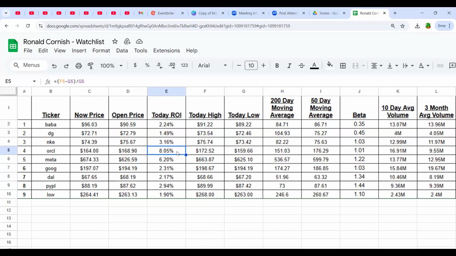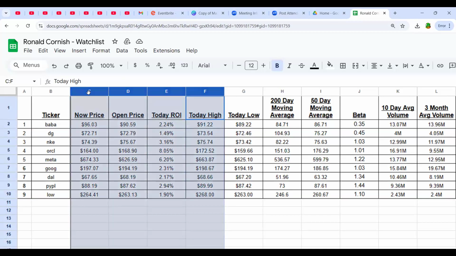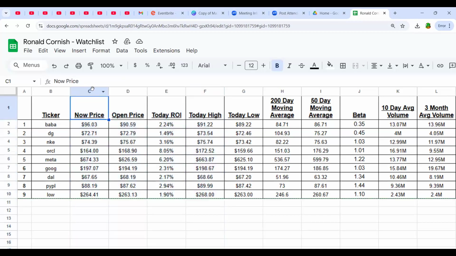Now, one exercise to take it to the next level: remember column C is dynamic. It's pulling today's price. So if you look at where the high was whenever you did your homework versus what the price is today, did your stock keep rallying since you did your homework, or has it declined?